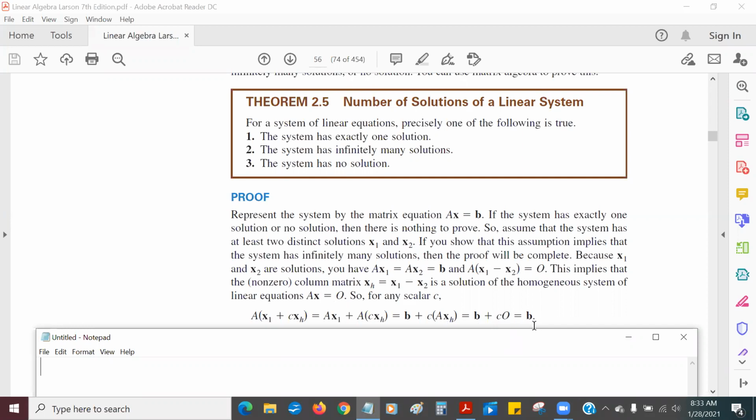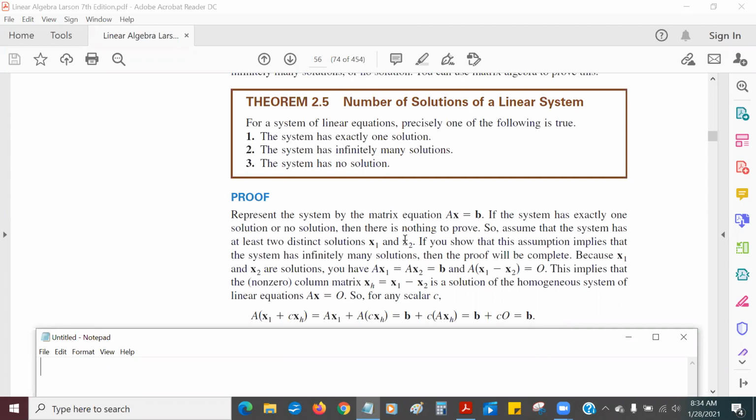So what does this mean? It means that x1 plus some constant times xh is now a solution to Ax equals b. But we said there's only either one solution or no solutions. So let me say it this way.